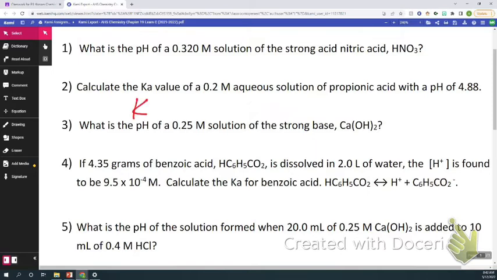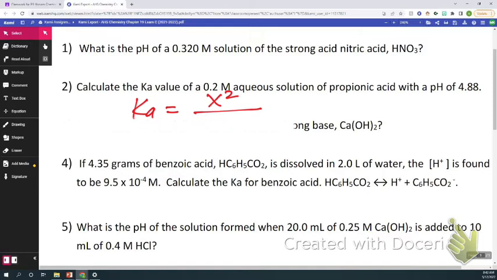I don't like to just jump to this, but I will. But I hope you know why it ends up like x squared. Maybe you don't at this point. You just know to use it. Remember, it's always going to be x squared. The bottom is going to be the original concentration, which is 0.2 molarity minus x.